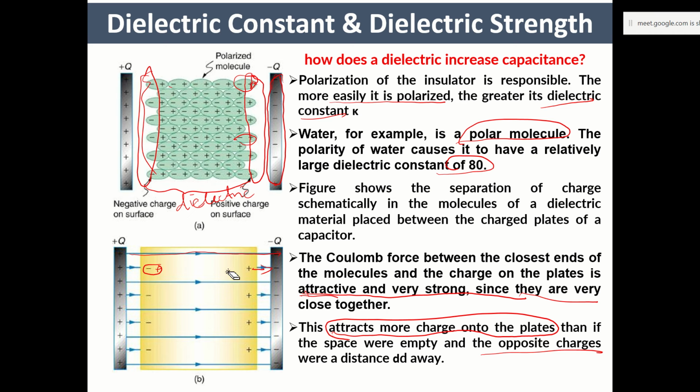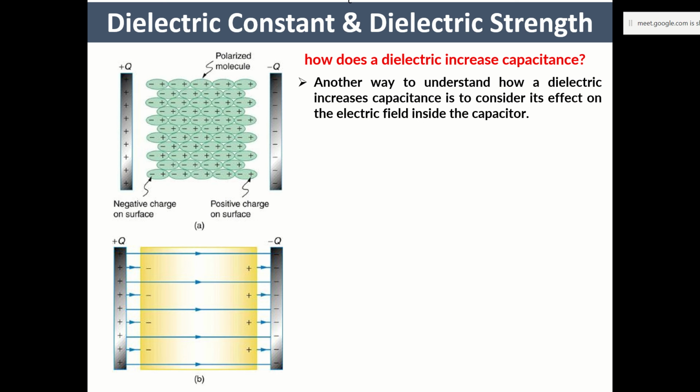This plus and minus that you are seeing is actually the arrangement of dipoles taken from the previous picture. And so the electric field that you will draw now will be drawn like this, from positive to minus, and it ends here. So your electric lines of force have been shortened.